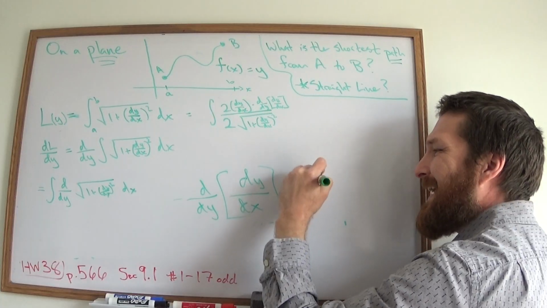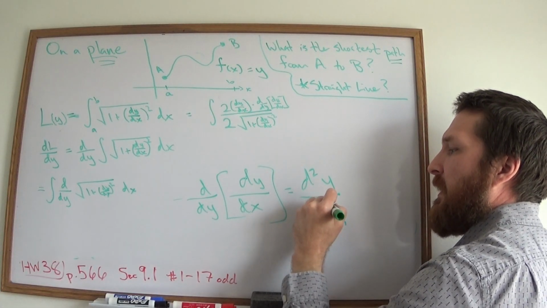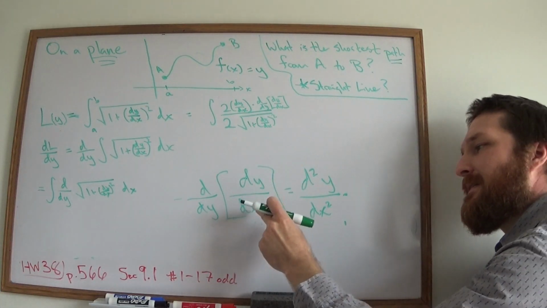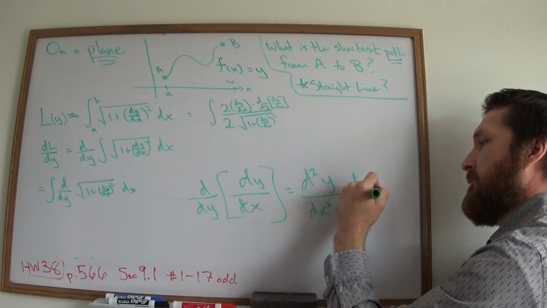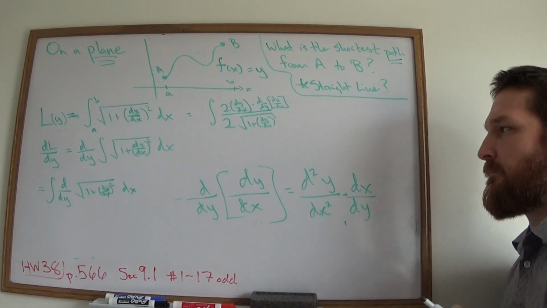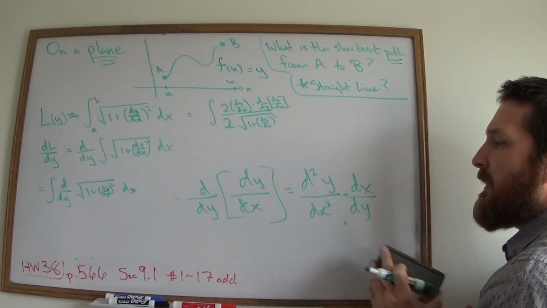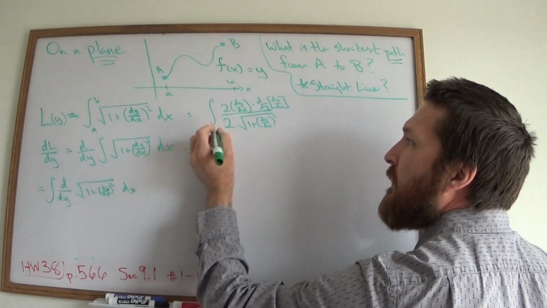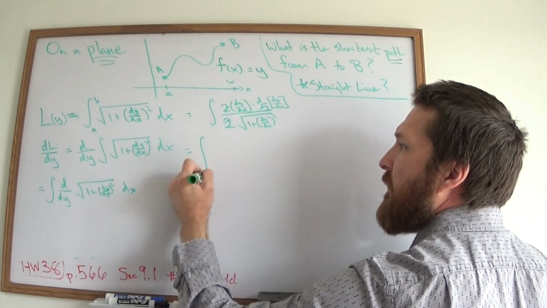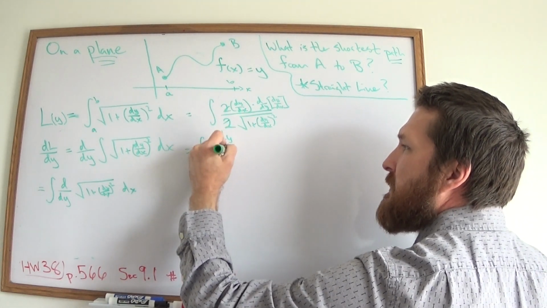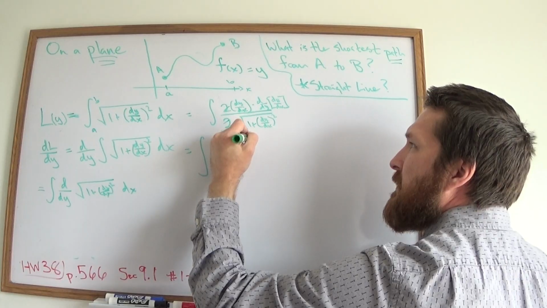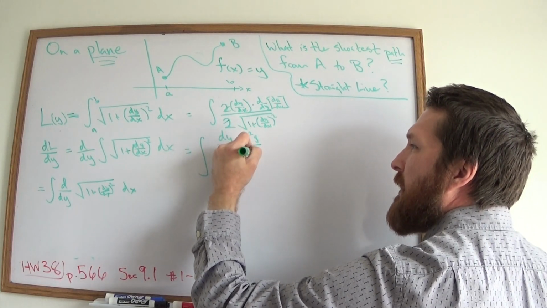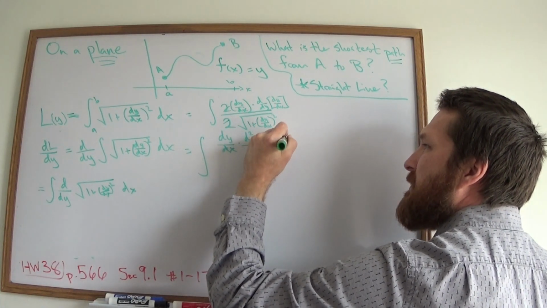And we'll take the second derivative and then multiply by dx/dy. Okay, so let me clean this up a little bit. The 2's cancel, and on the top we have dy/dx times d squared y/dx squared times dx/dy.